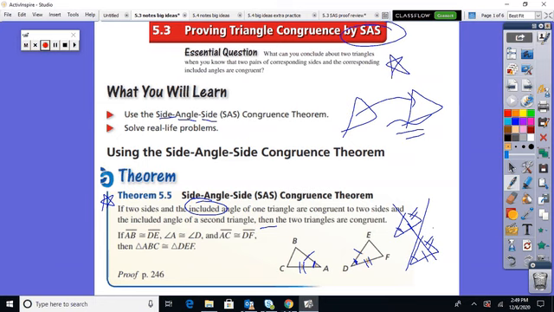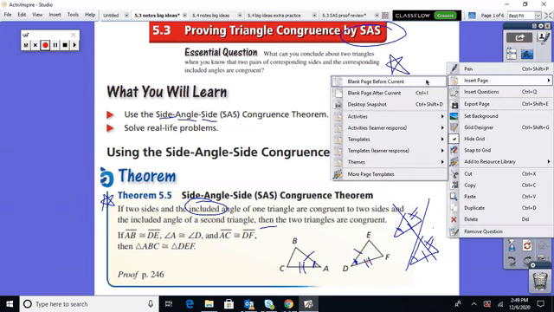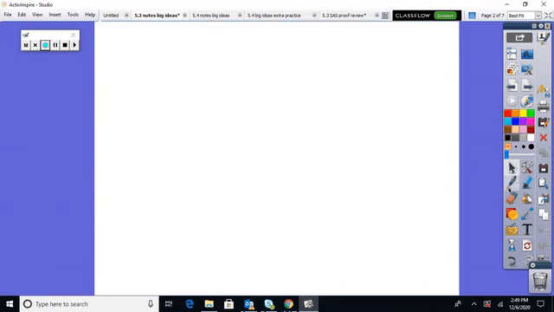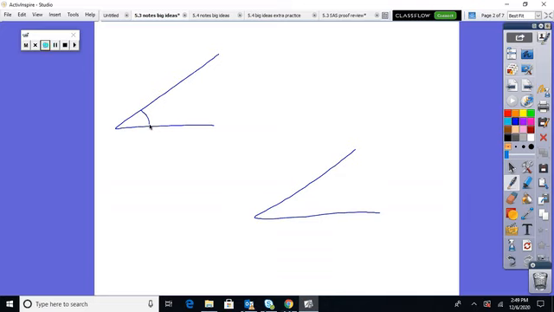Hang on one second here. Let me show you the case where angle side side actually does not work. So say I have an angle congruent to an angle, a side congruent to a side.